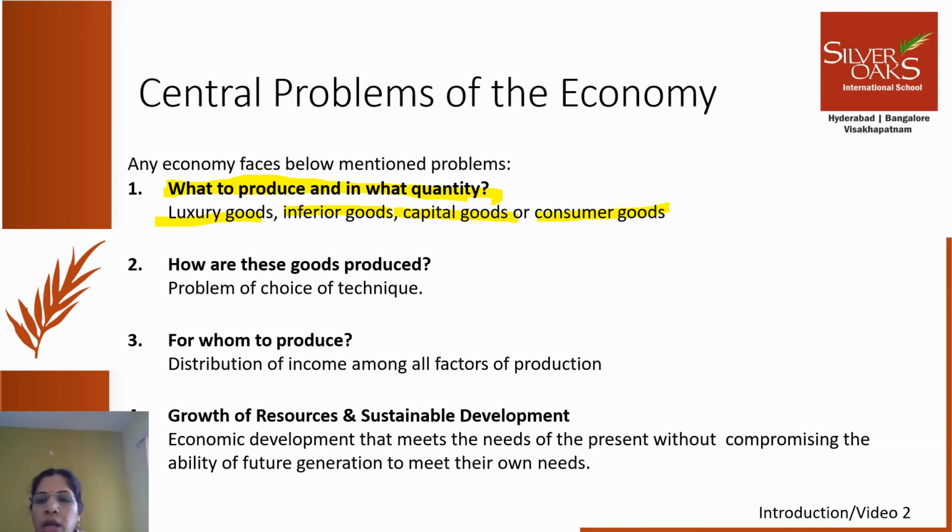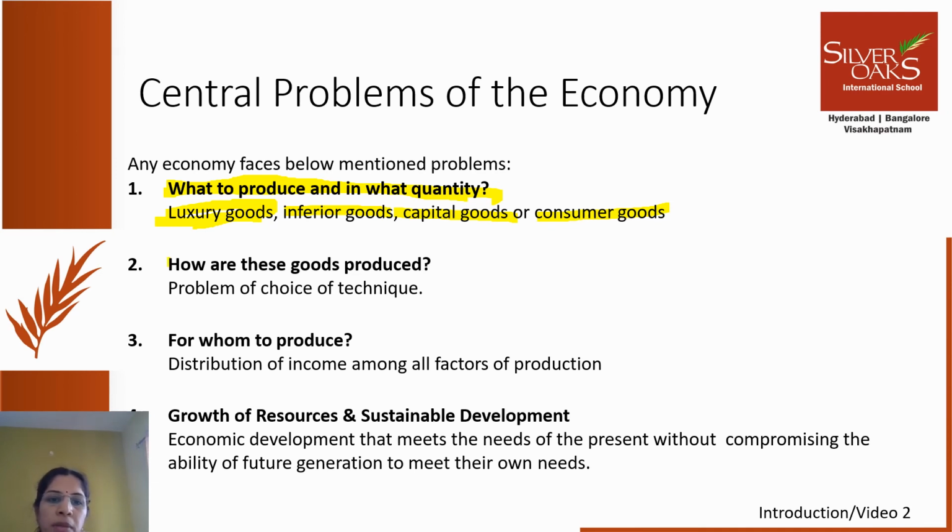So what kind of goods should an economy use its resources to produce, and in what quantity? If India is not a very rich country and all our resources are used to produce luxury goods, that will be a wastage of resources. That is not a prudent use of our resources. So that's the first problem that any economy faces.